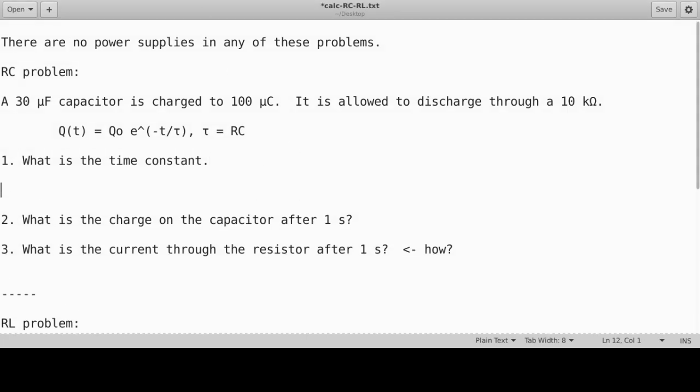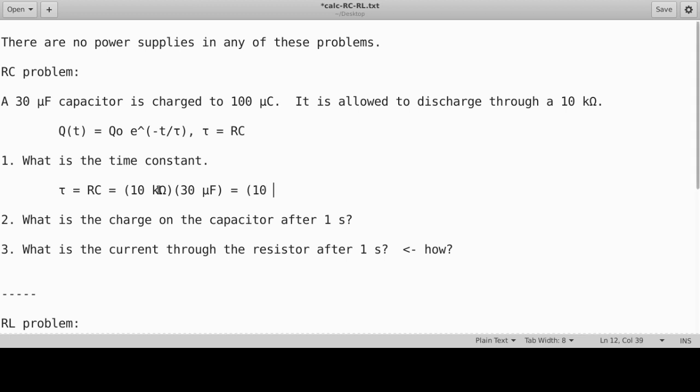So the first one, what is the time constant? Well, tau here is equal to RC, and R is the 10 kilo ohm, and C is the 30 microfarads here, like that. Okay, and we have to do this in MKS. So this is 10.